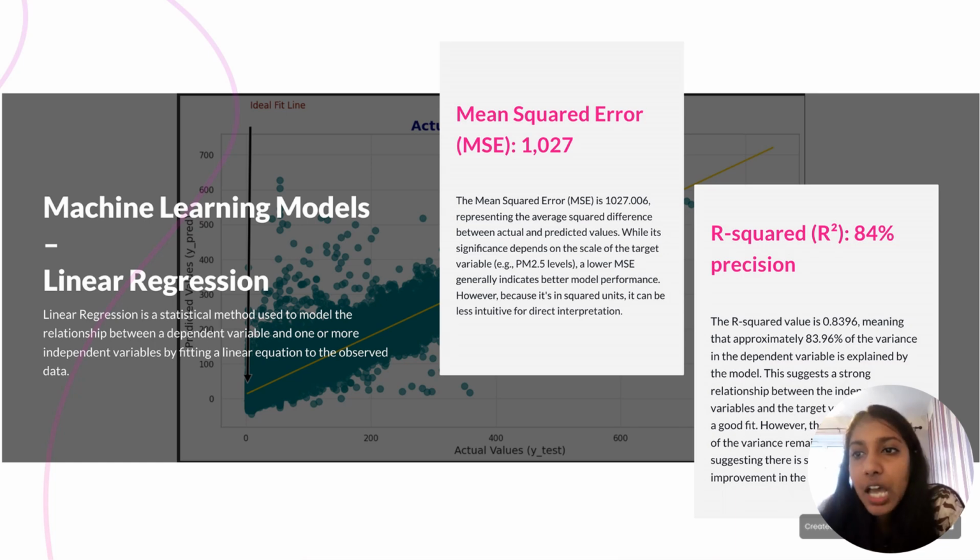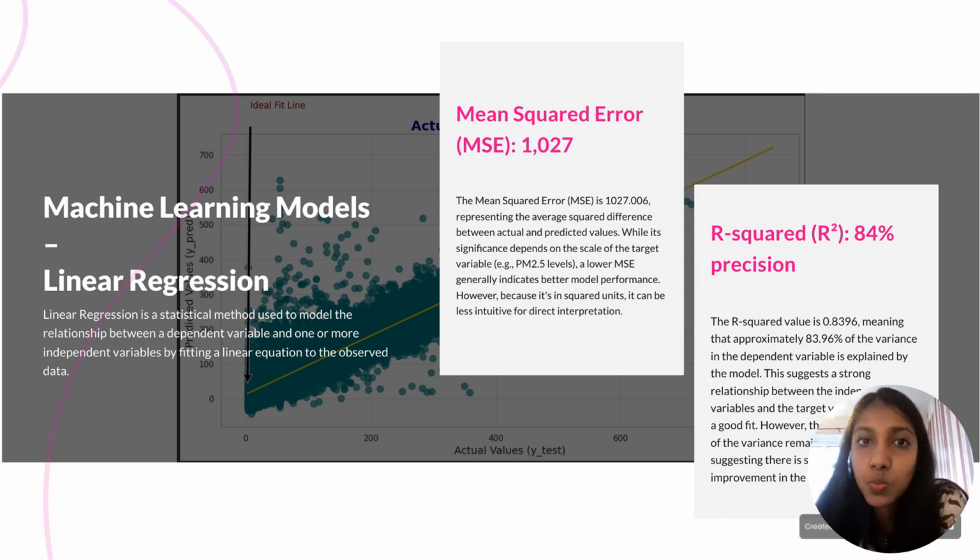After EDA, we will now move on to the machine learning techniques. First is linear regression. Linear regression is a statistical method used to model the relationship between a dependent variable and one or more independent variables.